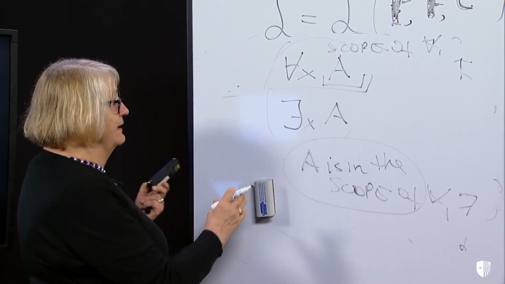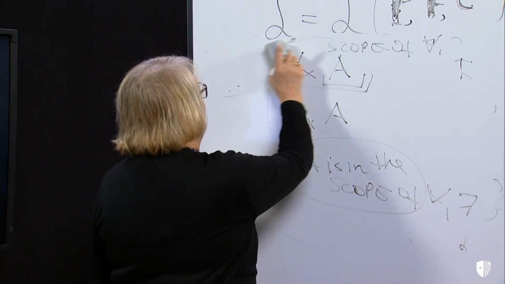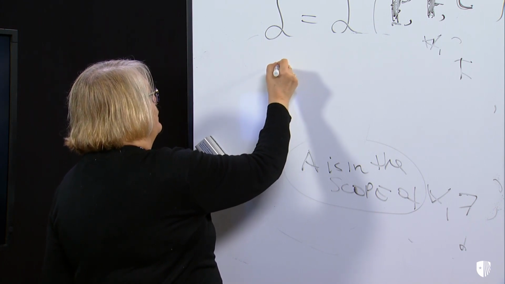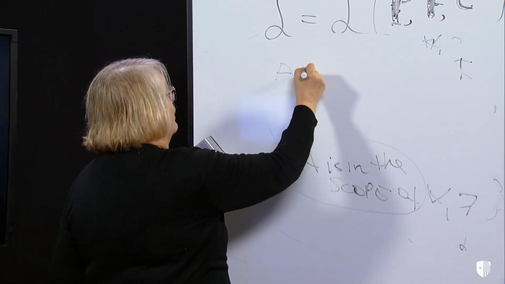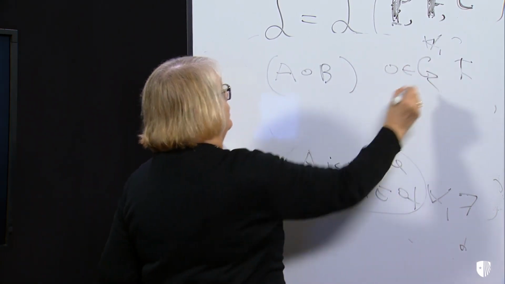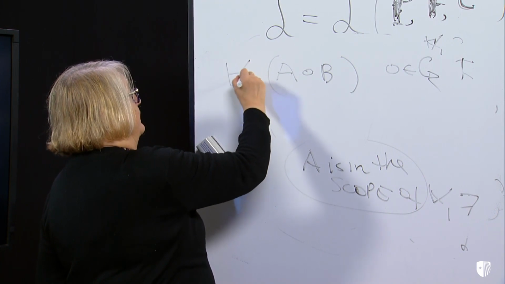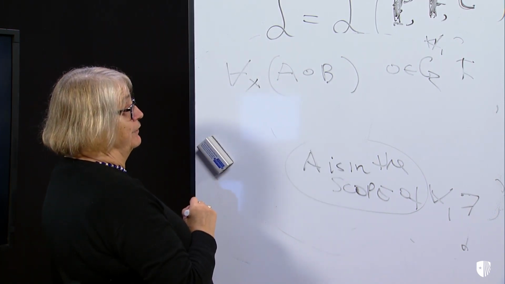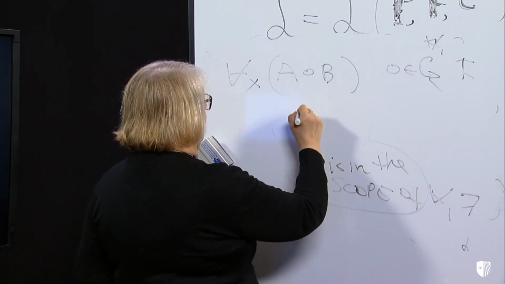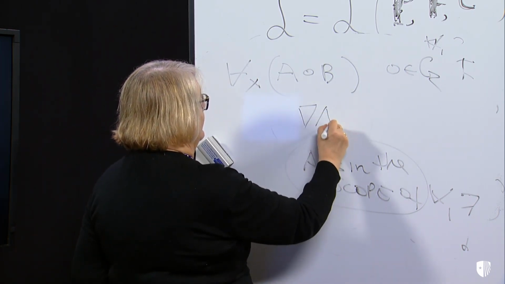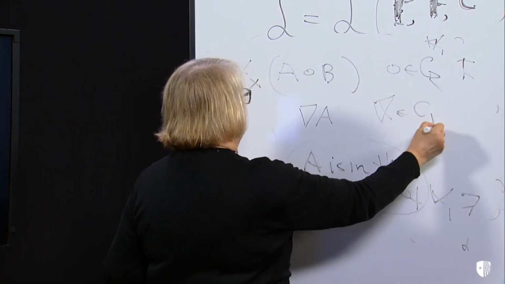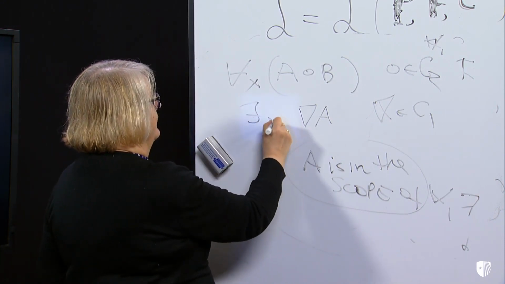Remember, if the formula is (A, B) with a two-argument connective, you can put the quantifier with x in front, and the same for a formula A with a one-argument connective.